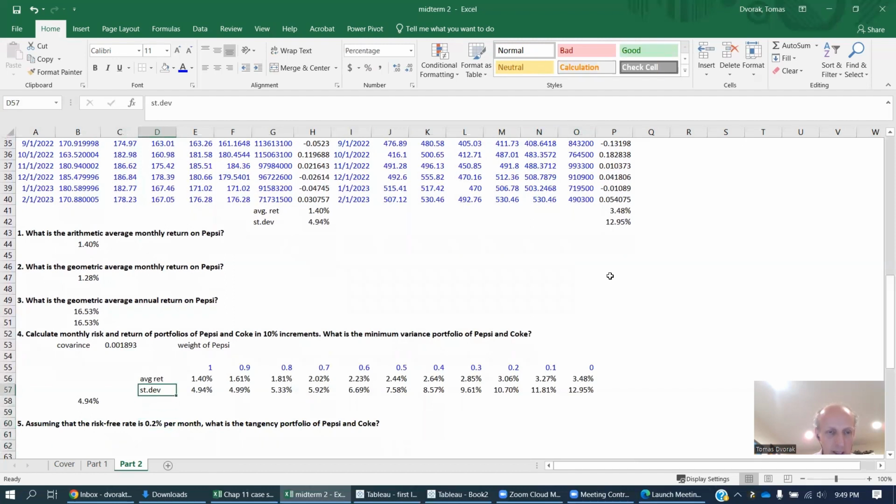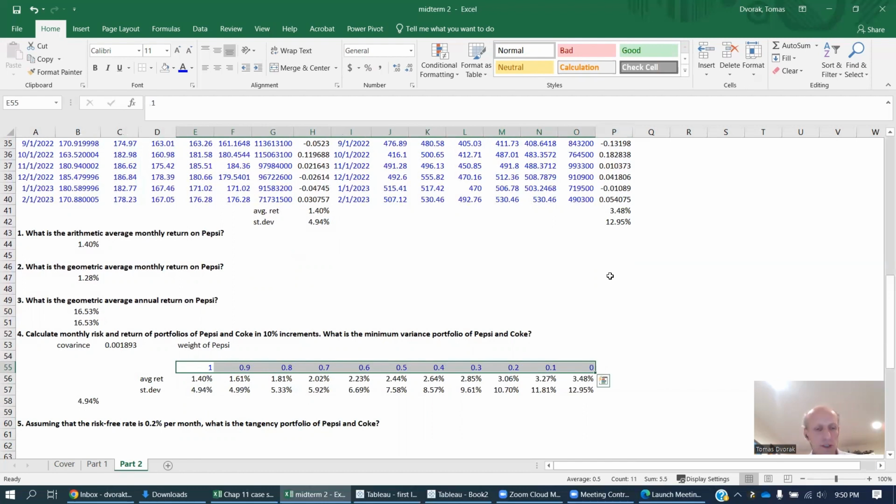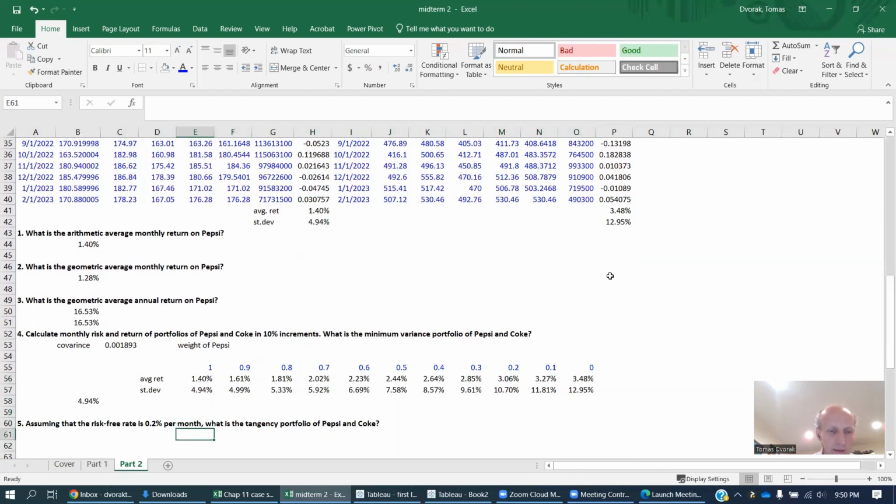So in this case, we need to do something similar to what we did here. We need to construct a portfolio of, actually, no, we have to calculate Sharpe ratio. Okay, so we'll do Sharpe ratio.